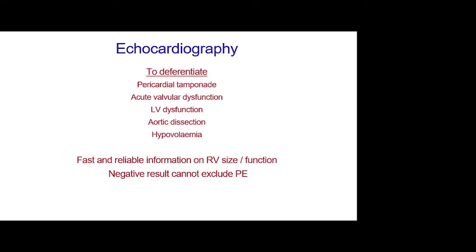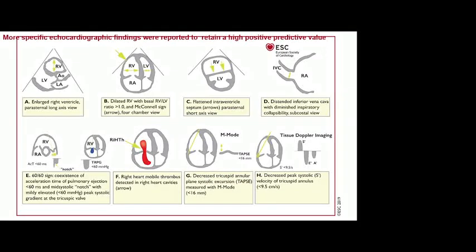At the same time, it's a fast and reliable, informative investigation about the right ventricle size and function. The problem is, if the echo is negative, you can't exclude pulmonary embolism.